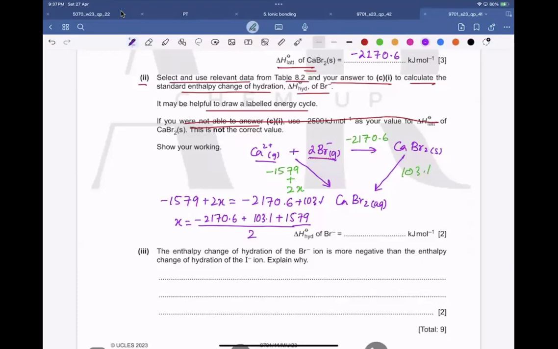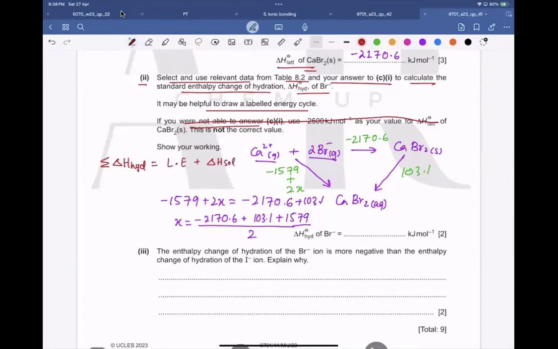Okay, if you find this diagram difficult, remember this expression: the sum of enthalpy change of hydration, because there are two ions, the positive ion has an individual hydration and the negative ion has an individual hydration, is equal to lattice energy plus enthalpy change of solution.